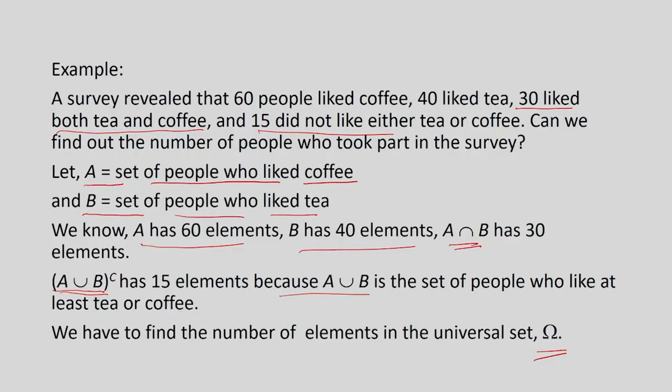We have to find out the number of elements in the universal set gamma. Remember, we defined what is a universal set in the last lecture. Universal set is the set from which all these sets are coming. This is the kind of source.